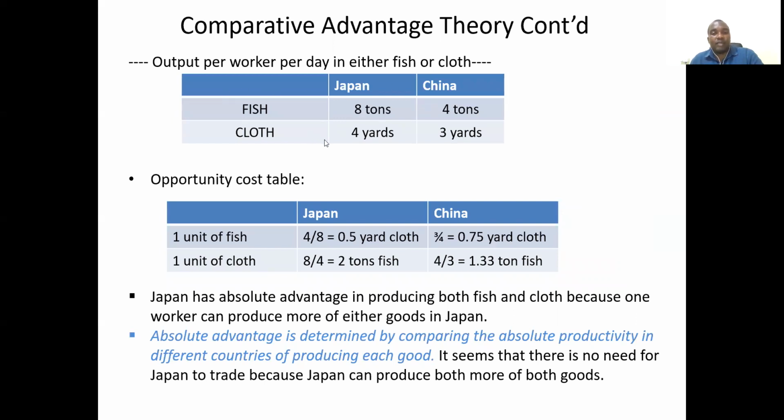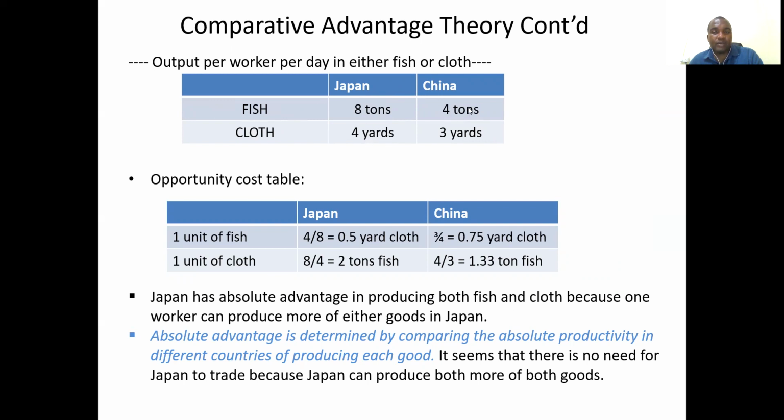So this is a hypothetical example of a situation between Japan and China, who are neighbors geographically, and who are also neighbors economically. In terms of absolute quantities, we see that Japan produces 8 tons of fish and 4 yards of cloth.